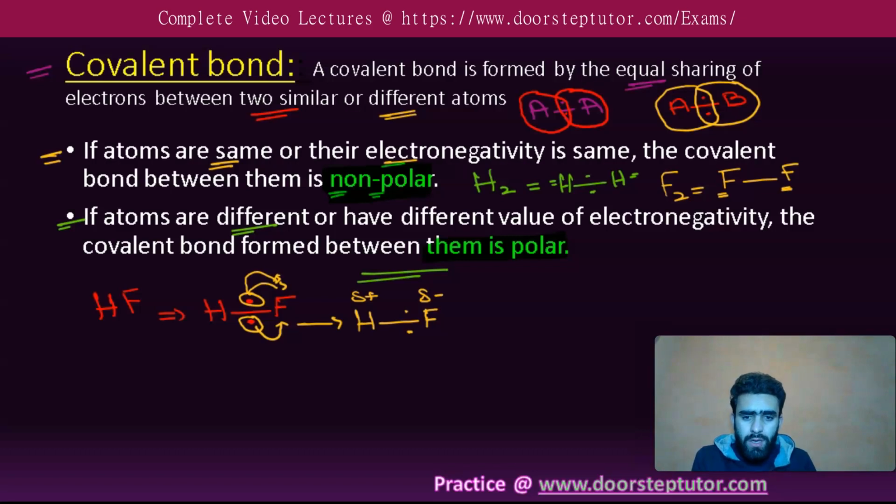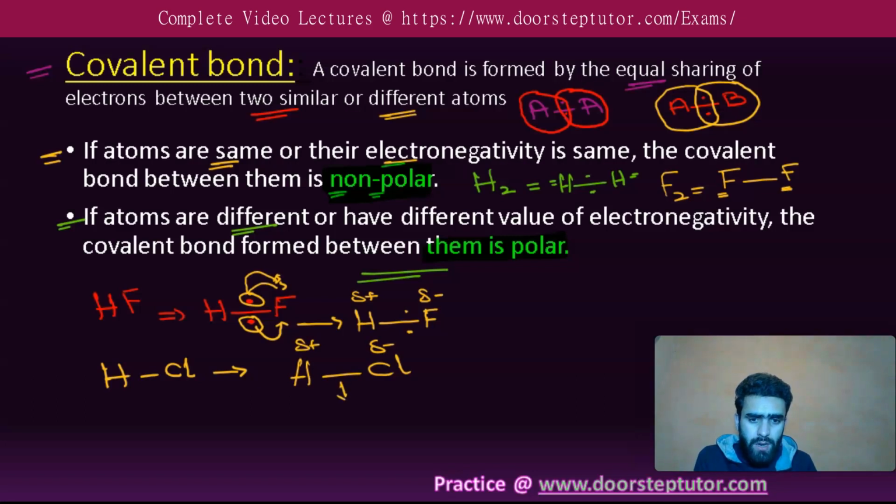Similarly, there are other examples. We have the example of HCl. Here also chlorine is more electronegative than hydrogen. As a result, chlorine gets delta negative and hydrogen gets delta positive.